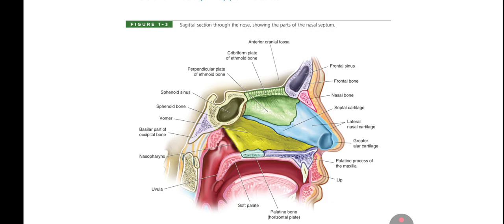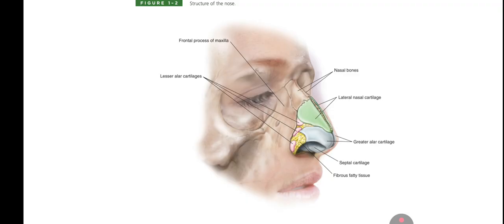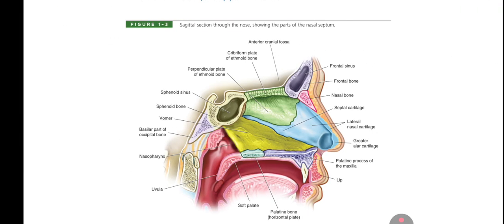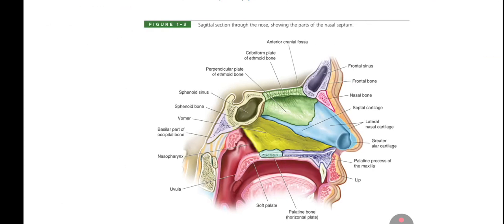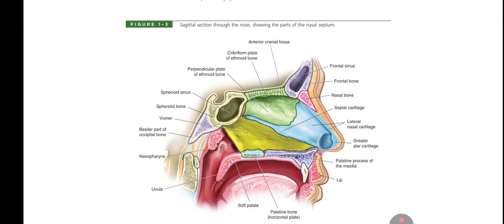My last resort here was the palatine process of maxilla, but I have a confusion with this because, as you can see, the hard palate is what we call the palatine process of maxilla. Then why is it that the frontal process of maxilla sits right where probably the cribriform plate is, or even the vomer?